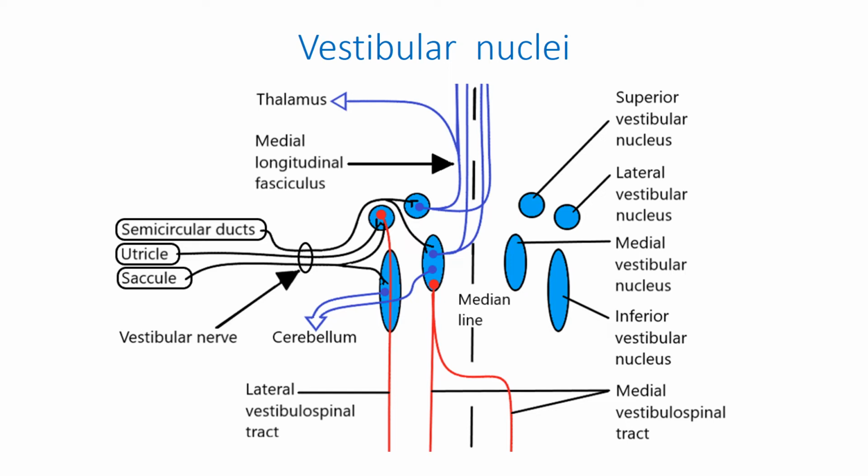The inferior vestibular nucleus possesses many medium to large multipolar cells and is characterized by the presence of many longitudinally running nerve fibers of the lateral vestibulospinal tract, which give the nucleus a speckled appearance.